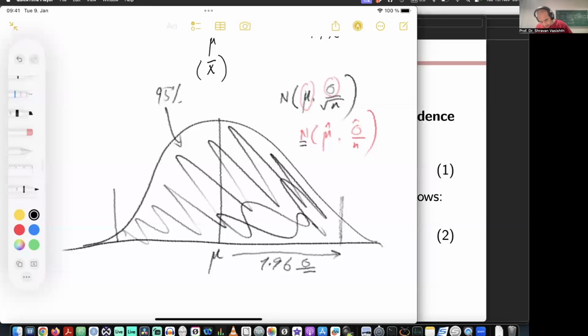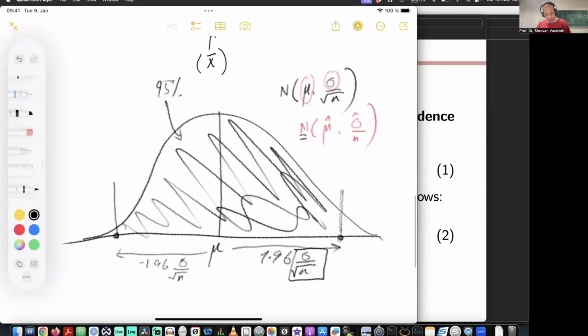Remember that the standard deviation of the sampling distribution is the standard error here. So 1.96 times this standard deviation, and if you go minus 1.96 times this standard deviation, you get to the lower and upper quantiles here, which represent the 95% confidence interval. So they basically cover 95% of the area under the curve.